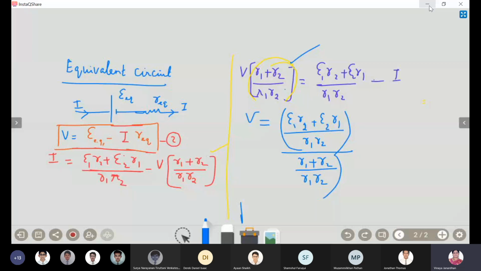Is that fine now, boys? Because I'm dividing, I divided by R1 plus R2 divided by R1 R2. Now we'll take it to the numerator. Is it fine right now? Yes, ma'am. Okay.